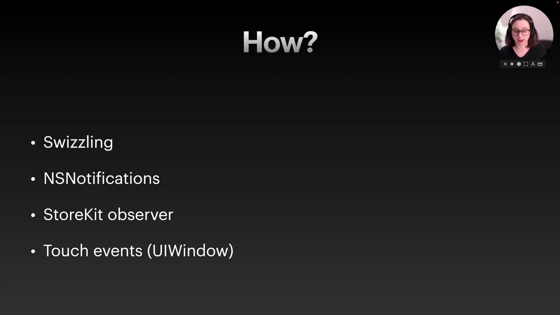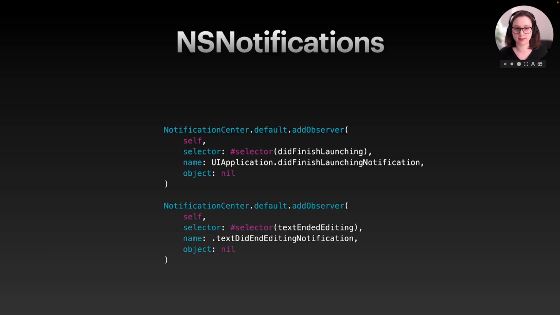And how do they do that? They can, in the worst case, do swizzling, where they can hook up to any method that exists in our app. They can subscribe to NSNotifications sent by the system. They can hook up to observers like StoreKit and grab such events. Let's look at these in a bit more detail.